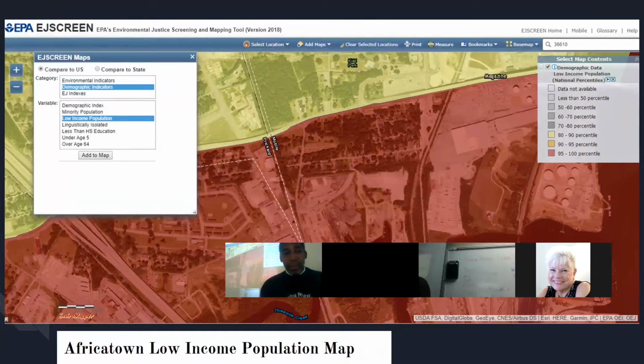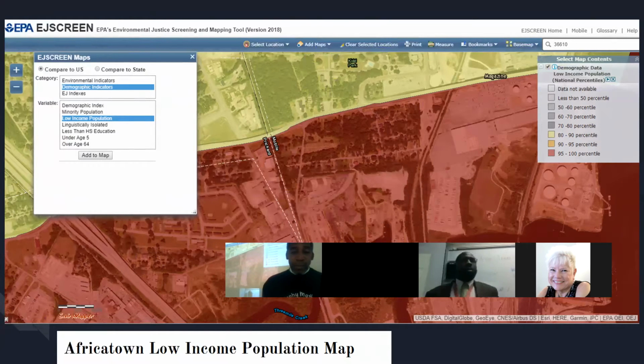So if we're looking at this map of Africatown, and you look at the color ramp, what that red color indicates is that relative to the rest of the United States, the Africatown community is in the 95th percentile in terms of its low income population percentage.